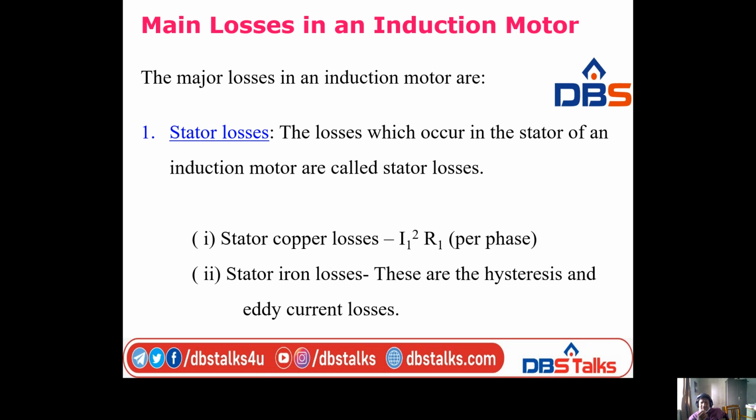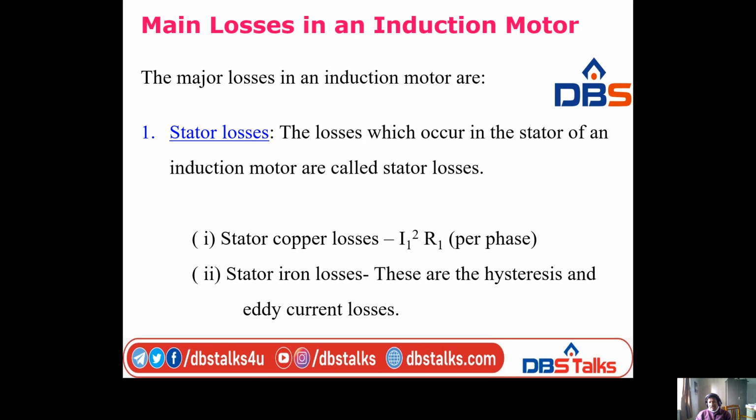Whereas in a transformer, friction and windage are absent because it is a static machine. But the induction motor is a rotating machine. That's why these losses are available here also. So first, the major losses in the induction motor are stator losses. In the stator, again, stator copper loss and stator iron loss.